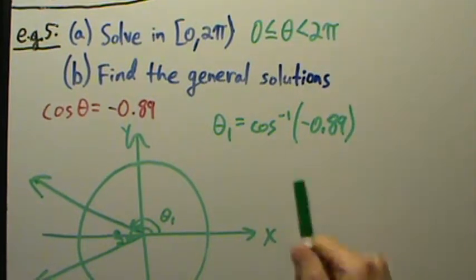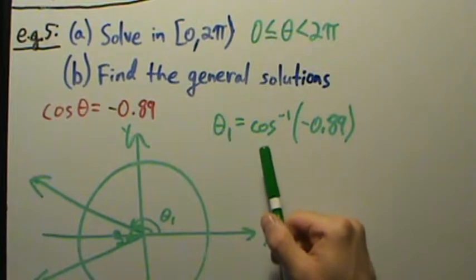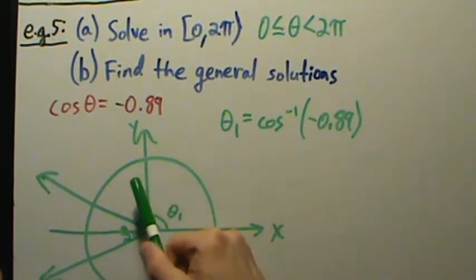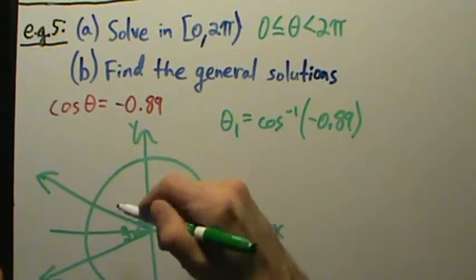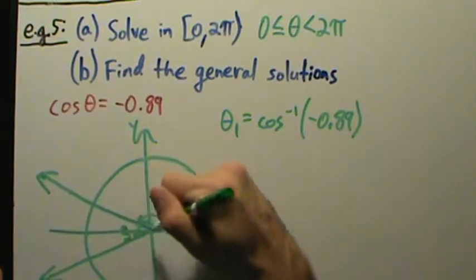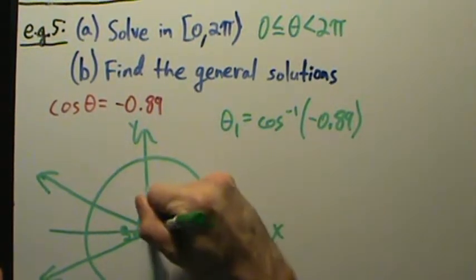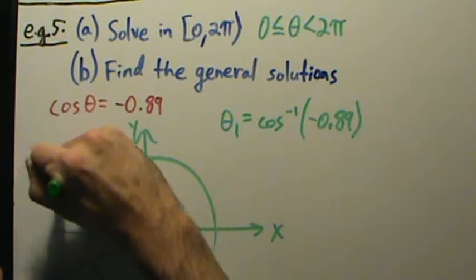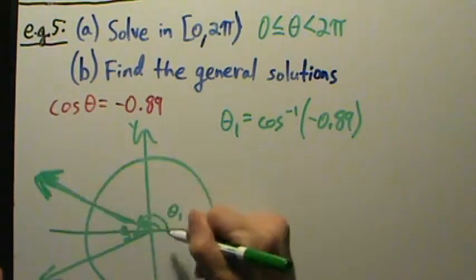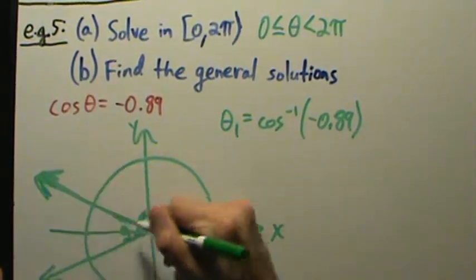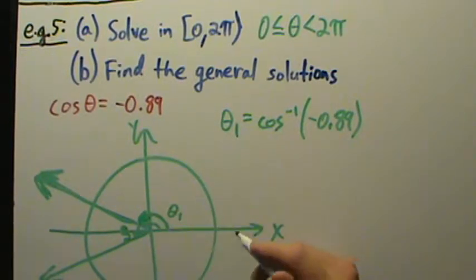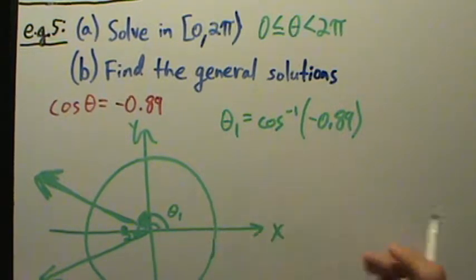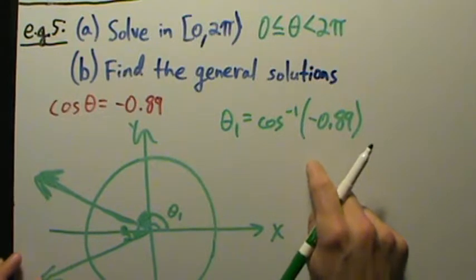Why will that work? If you take the inverse cosine of a negative number, that's going to put you in quadrant 2, which is exactly where we want to be to get this angle up here. So the inverse cosine of negative 0.89 is going to get us this angle right here, the terminal side, and this is the one we want for that quadrant. We'll toss that into a calculator later.